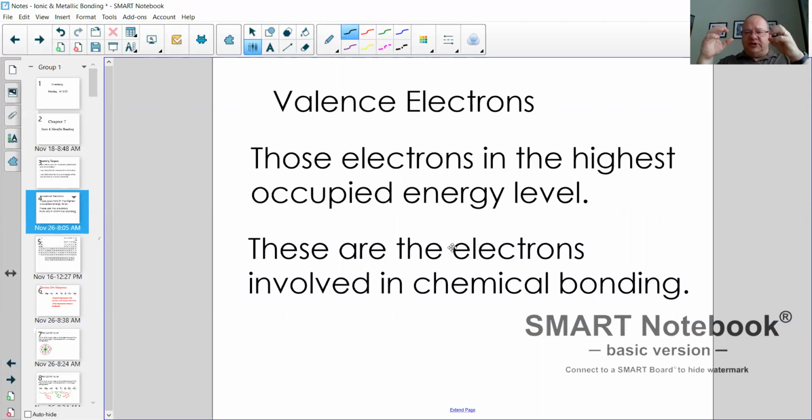When two atoms come together, it's those valence electrons on the outside of the atoms that are coming into contact, and how they behave relative to the atoms is going to determine if the atoms stick together and form a bond or bounce off and do their own thing.